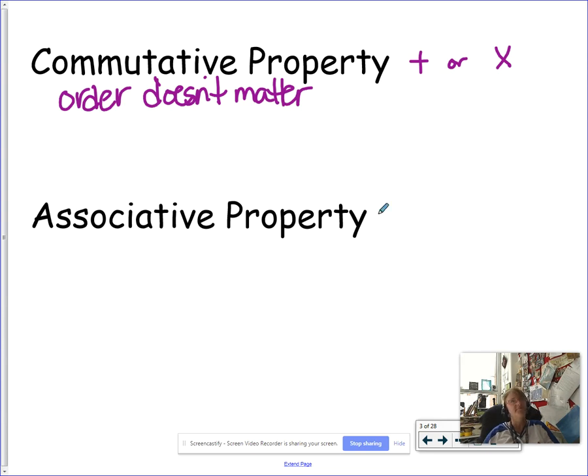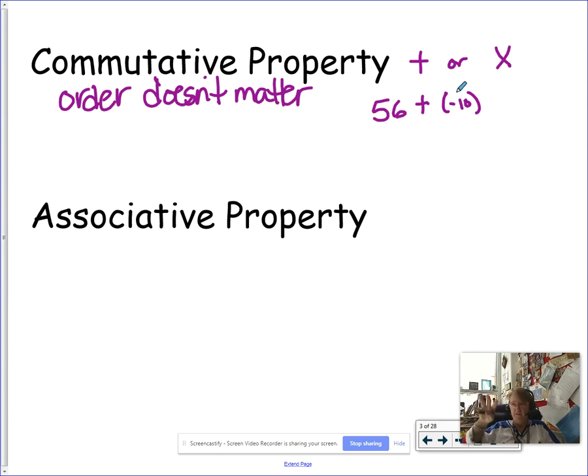Here's an example, okay? 56 plus, let's say, negative 10. Okay, if I said, what's 56 plus negative 10? You'd say, well, this negative 10 is like going backwards on the number line after I already went up to 56.